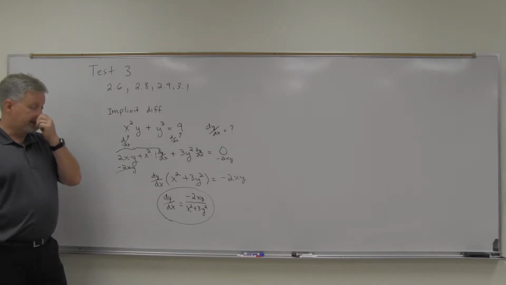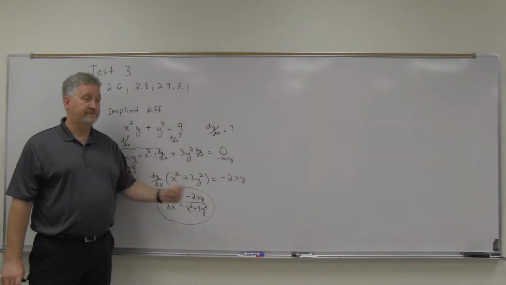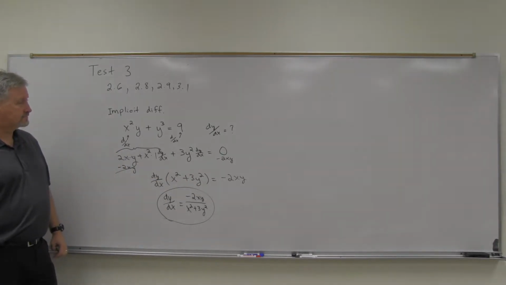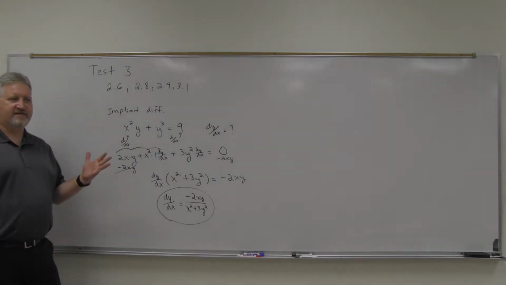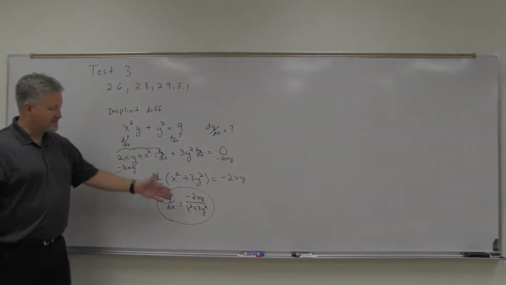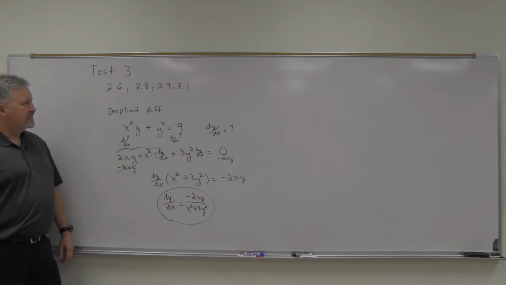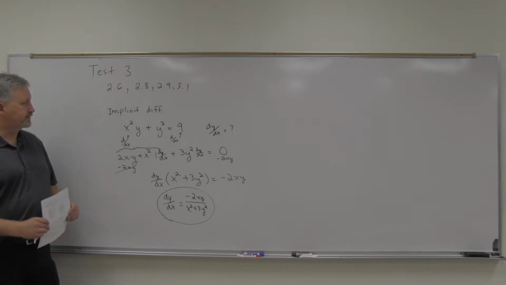So if I'm wanting the horizontal tangents, start by setting that equal to 0, and then figure out solutions there. Yeah, find the equation of a tangent line. Like I said, this is the slope, just like before. So you can find your y equals mx plus b through that. Yeah, so that's an important little tool there, implicit.